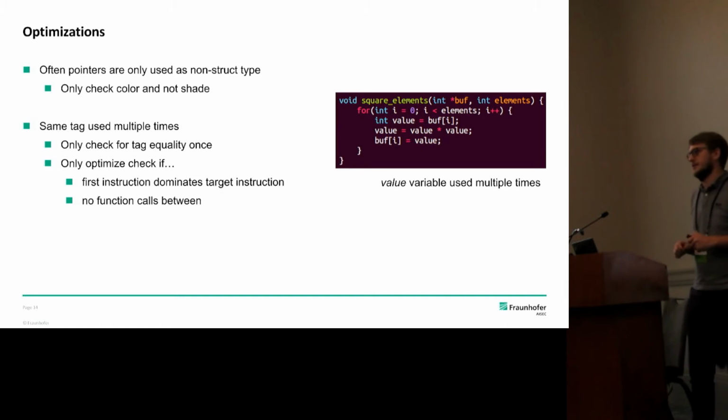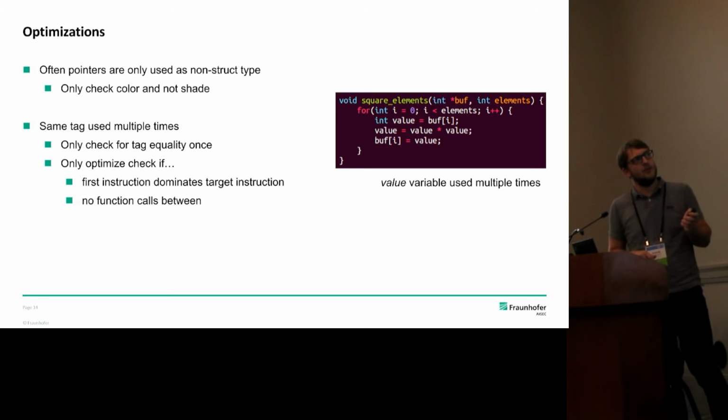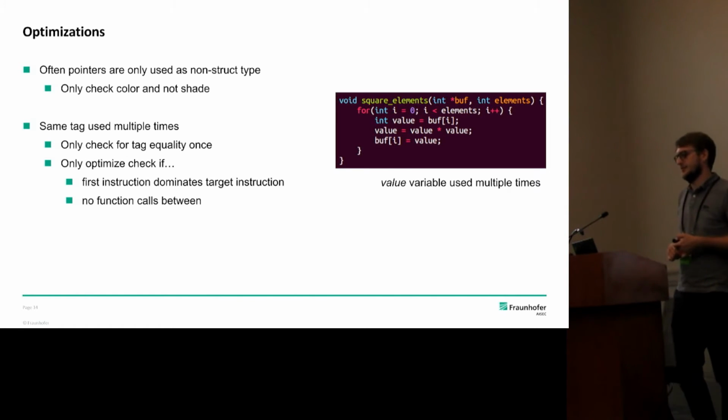Of course, you would expect that this added complexity will also lead to additional overhead, and that's why we added some new optimizations to keep the overhead low. For example, some pointers are only used for non-struct types, in this case, we only check the color part of the memory tag.